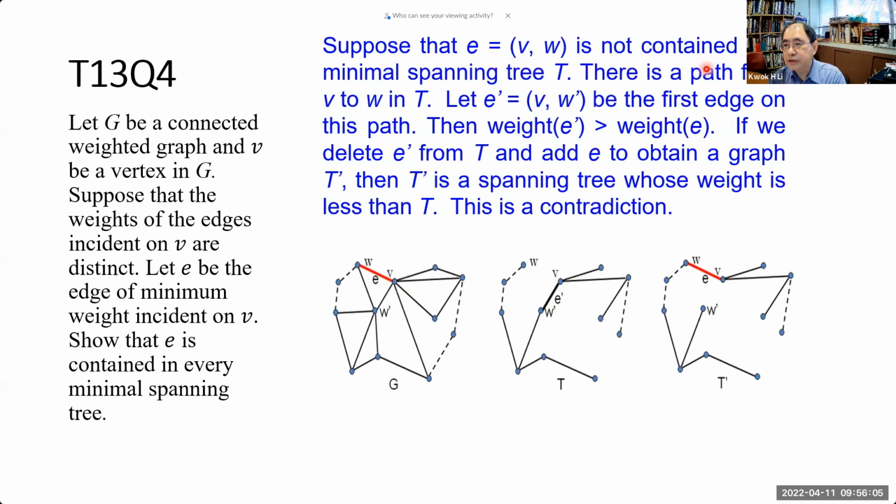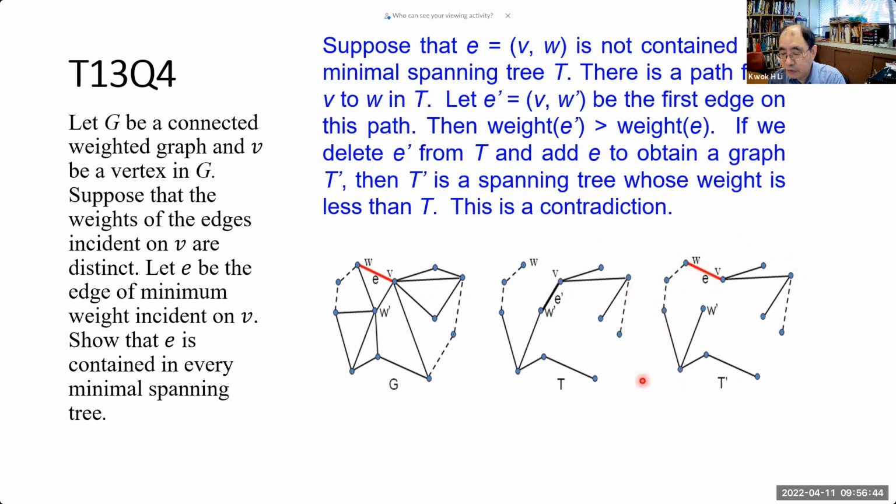Now suppose that this one is not contained in the minimum spanning tree. Then you argue that the weight of this E' is bigger than this one, because we made the assumption already. There are so many edges incident on that, and E should be the minimum. So now we remove this one and add back another one to join them together.